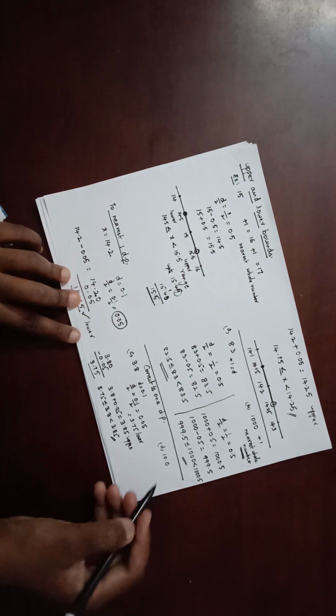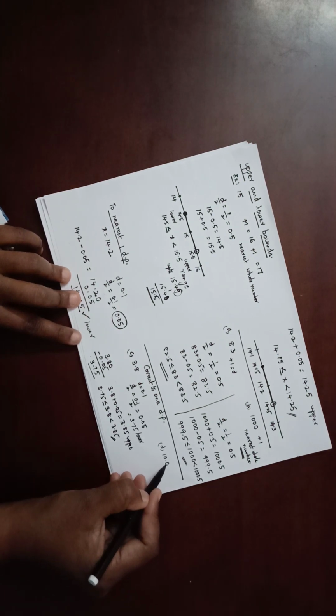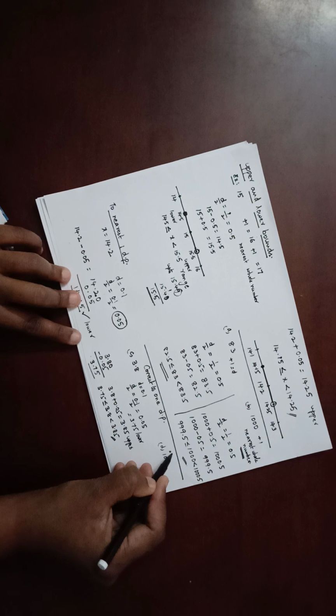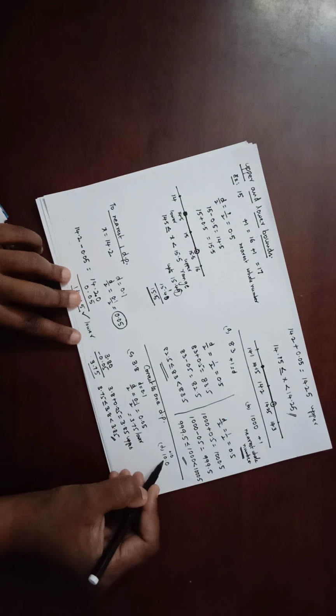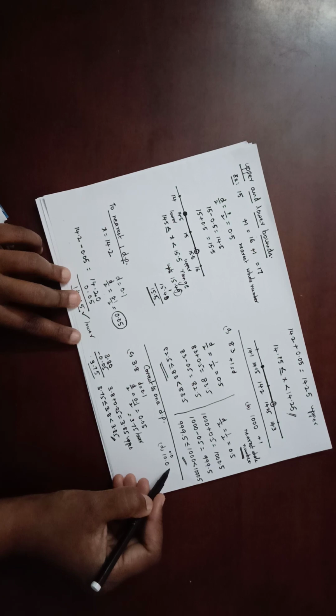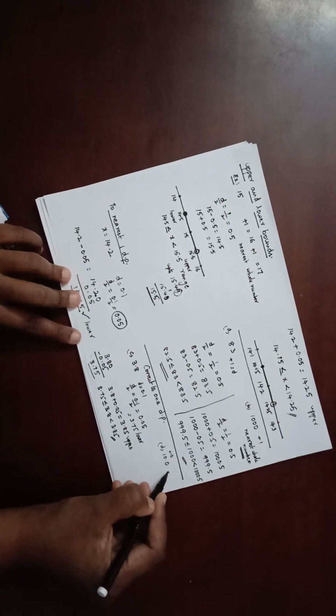Coming to here, 10.0 is actually 10, but for 1 decimal place it is 10.0. The next numbers are 10.1, 10.2, 10.3, like that. So what is your d?